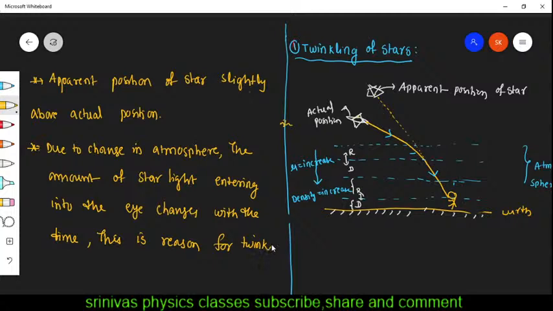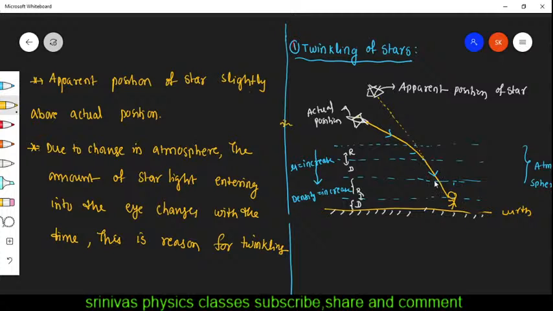Twinkling means one time it appears with more brightness, one time with less brightness, one time not appearing. If more light reaches the eye from the star, it appears with more brightness. Less light reaches means less brightness. Not reaching means the star does not appear.